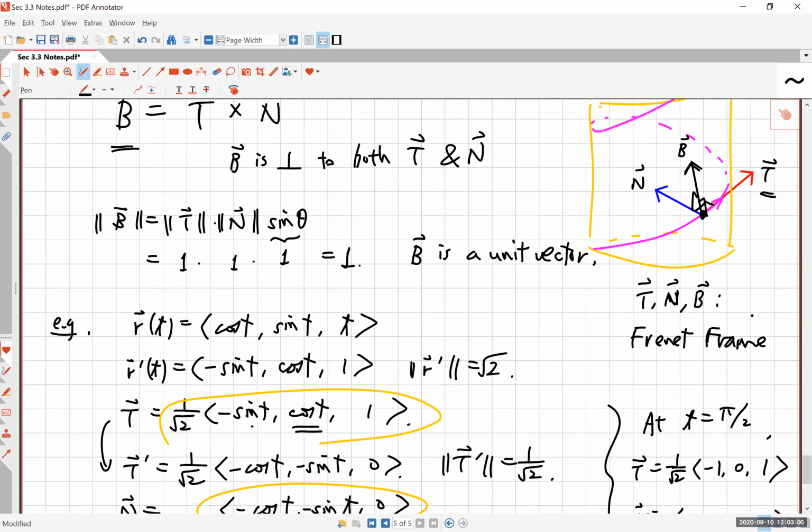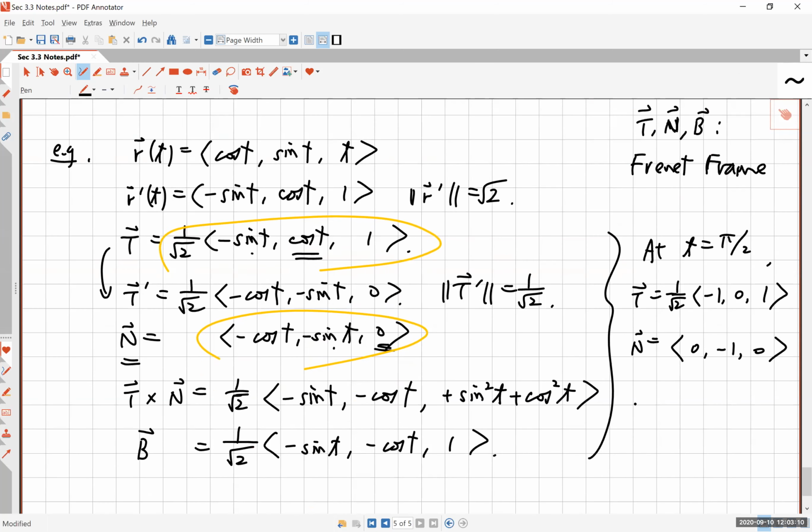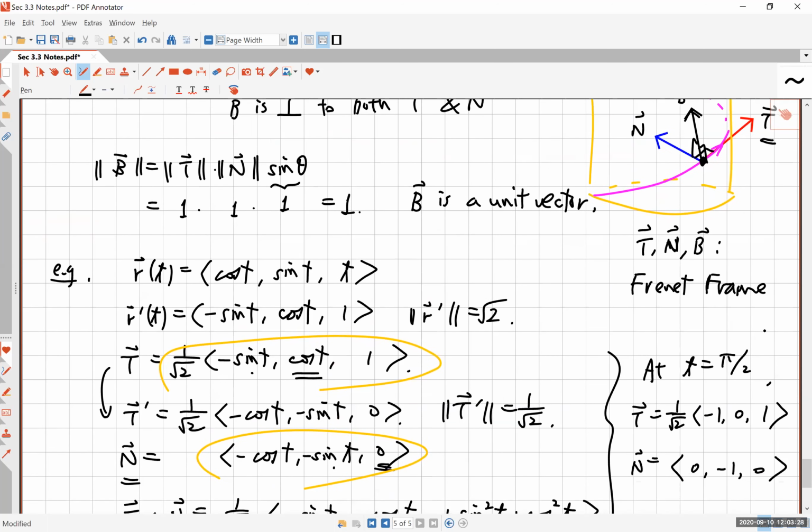Okay, and again, N is horizontal, pointing inward with respect to the motion. And then B is 1 over square root of 2 times (-1, 0, 1). And so that seems to indicate that it's sort of going the opposite direction.